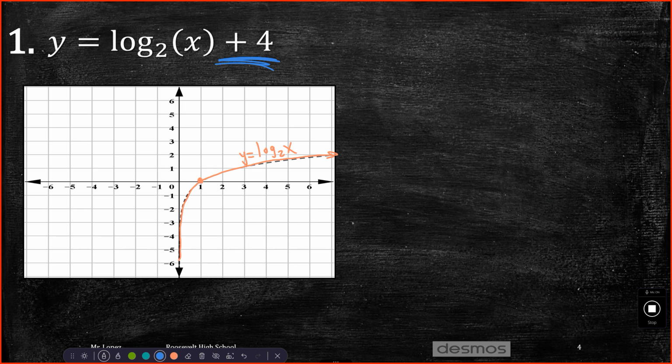It's going to shift up 4. So this is a good reference point. 1, 2, 3, 4. And then you're going to get this log function going something like this. So shift it up 4.